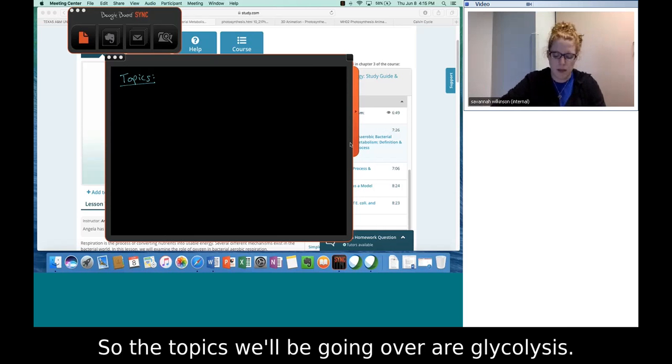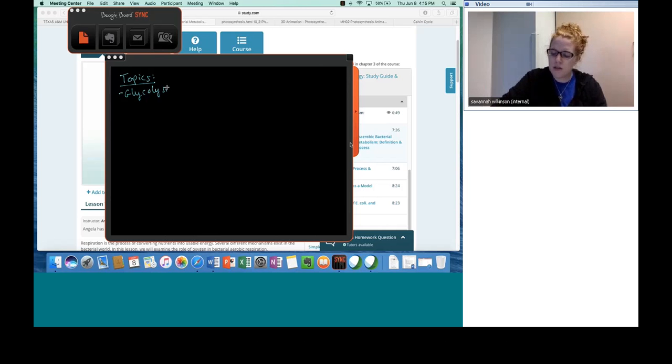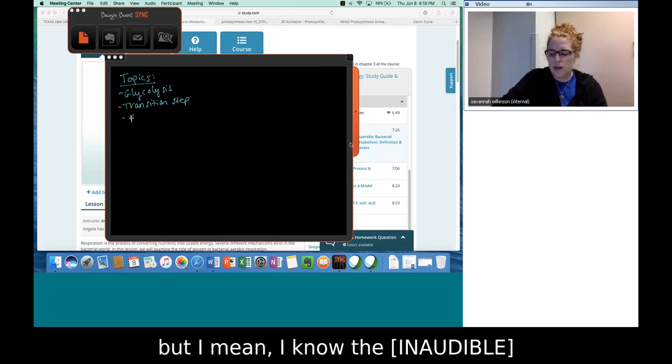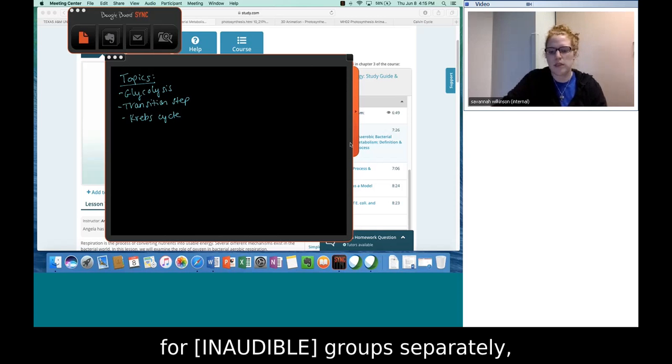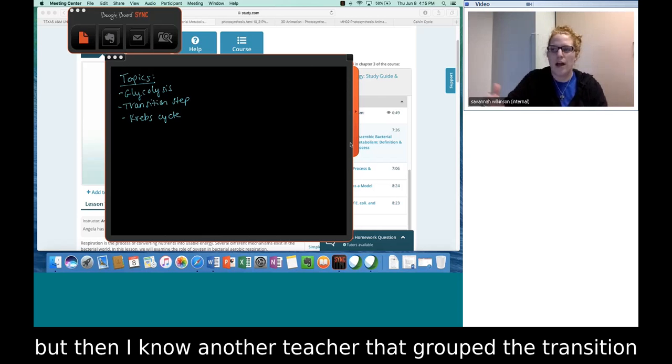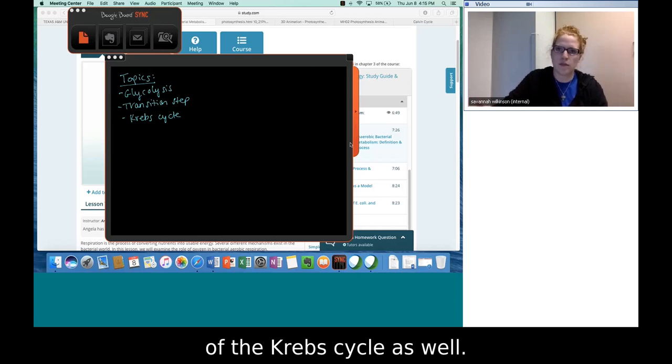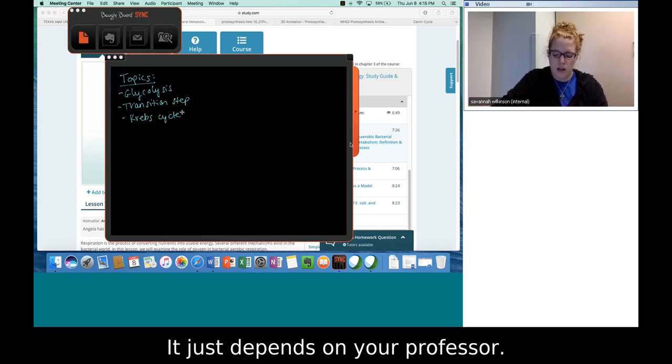So the topics we'll be going over are glycolysis. I'm just going to classify the transition step separately. I know the professor that I had for this grouped it separately, but I knew another teacher that grouped the transition step with glycolysis, or with the first part of the Krebs cycle. It just depends on your professor.